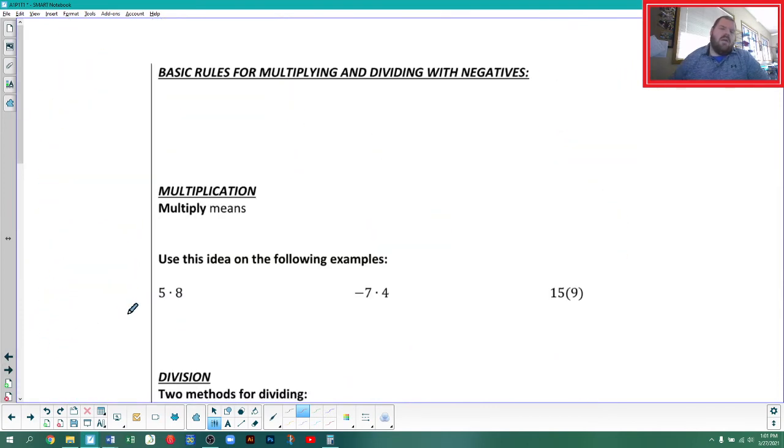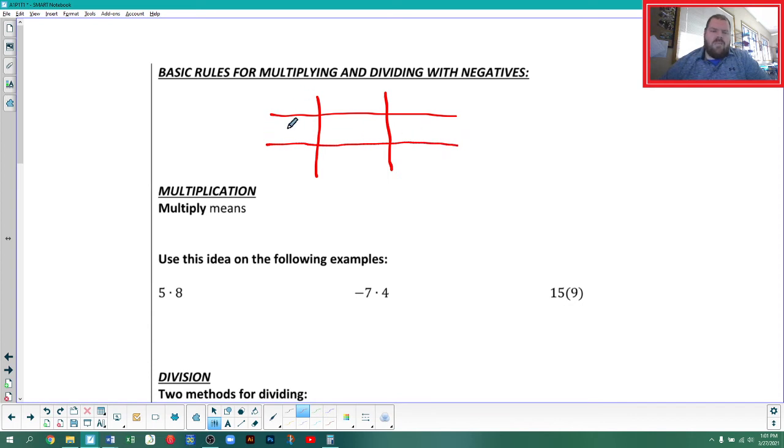Okay. Next thing we're going to look at is multiplying and dividing with negatives. And really just multiplying and dividing in general. But when we have negatives involved, we have some different rules that we like to follow. Okay, and it turns into this, that we get, I'm going to make us a little table here. Little tic-tac-toe board.